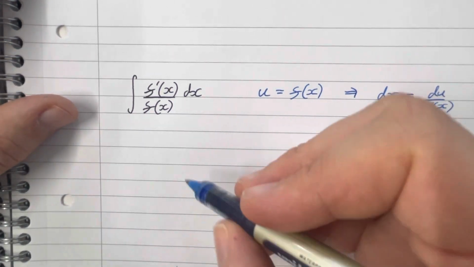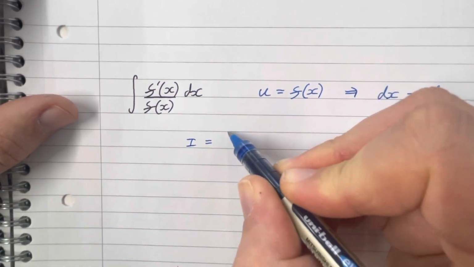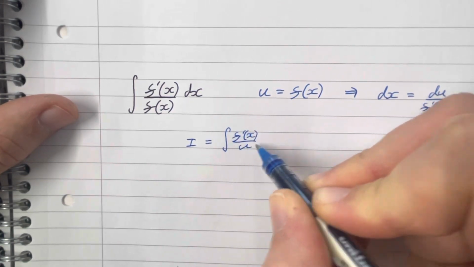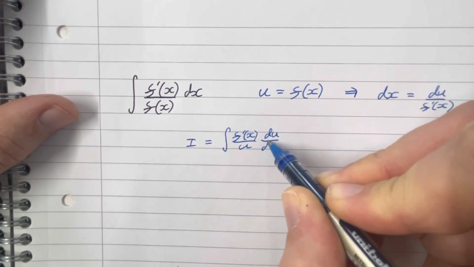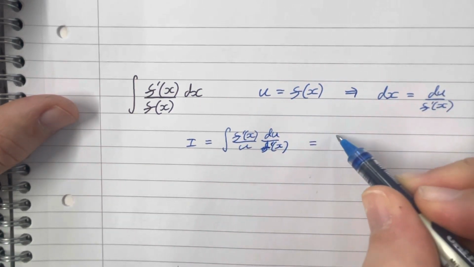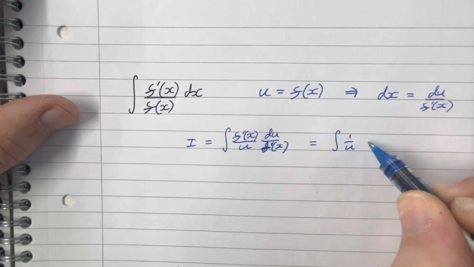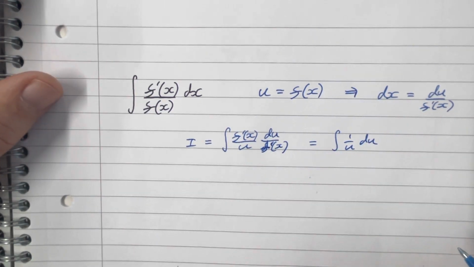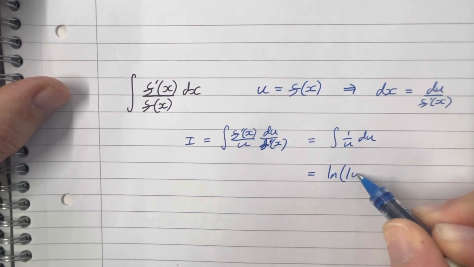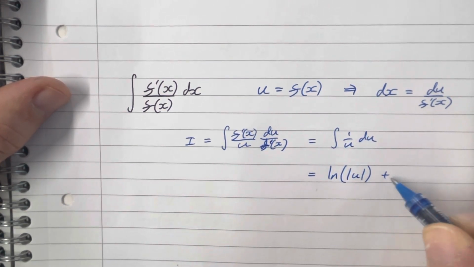Make the substitution, the integral will then become the integral of f primed of x divided by u, du divided by f primed of x. Those two again will cancel, and we're left with the integral of 1 over u du. Now we know that that is the natural log of the modulus of u plus c.